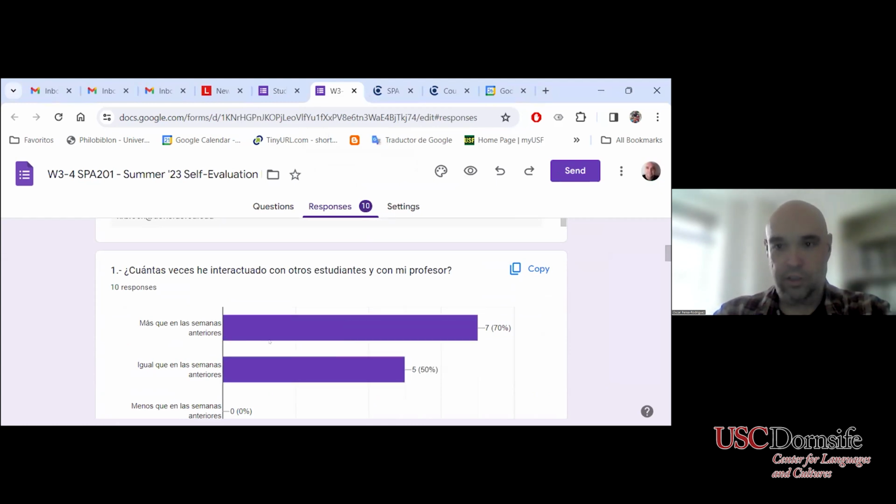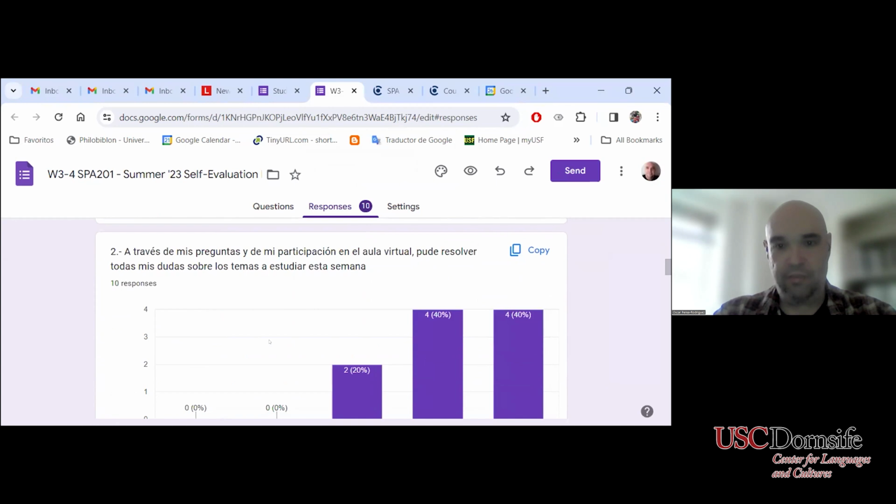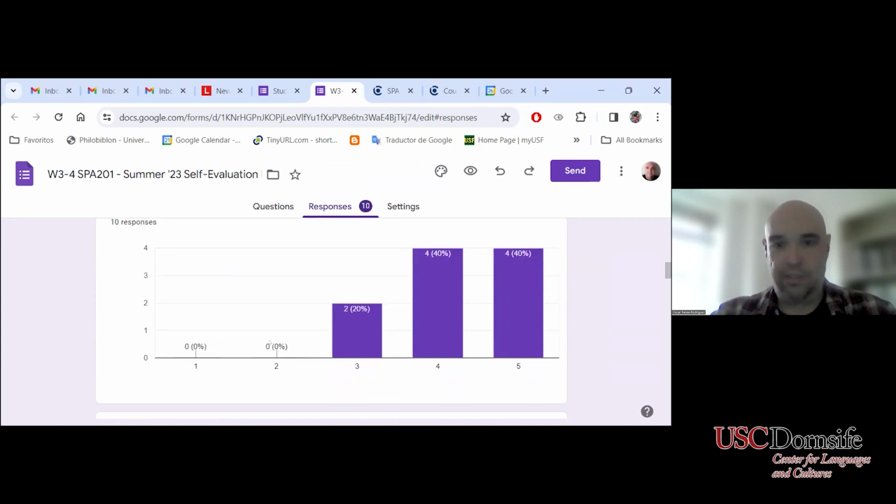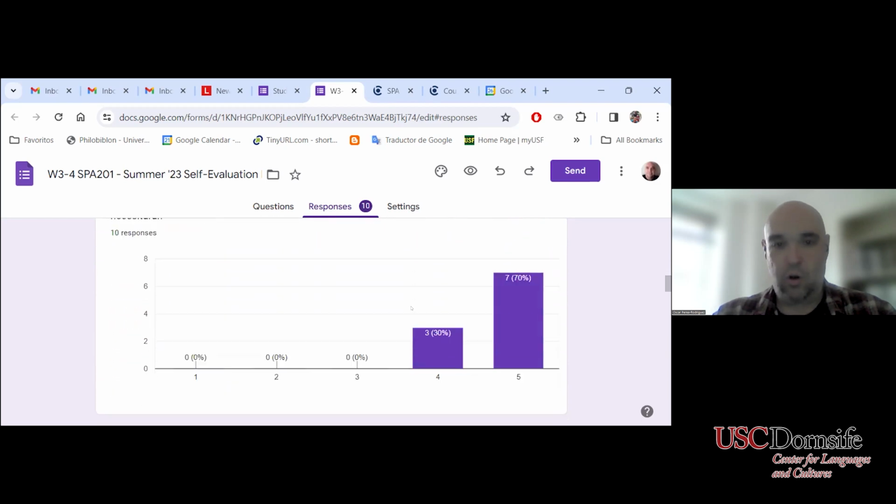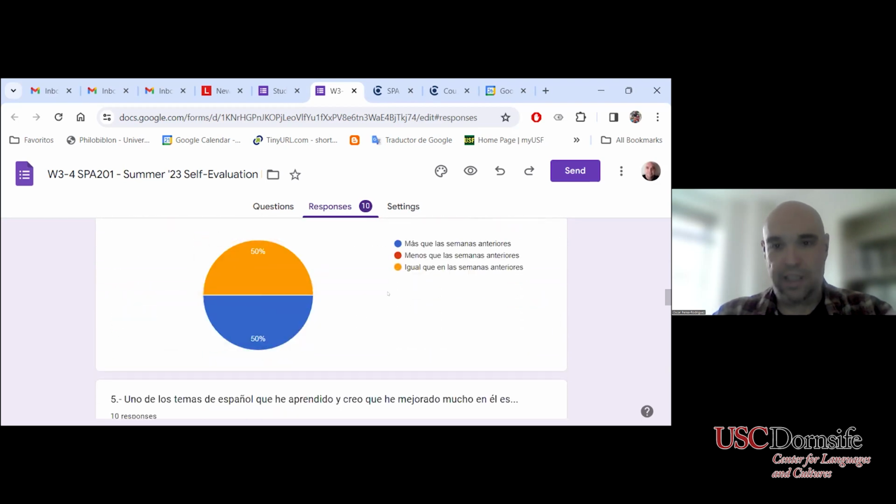You can just watch the charts, and they show if they are thinking about that, if they have solved their doubts during the presentations, or if they feel more or less inclined to speak more as the weeks go by. Sometimes they feel a little bit less engaged in the classroom, so you can measure that very well with a simple site, as you can see.